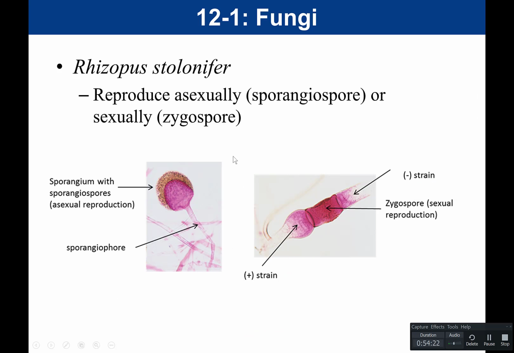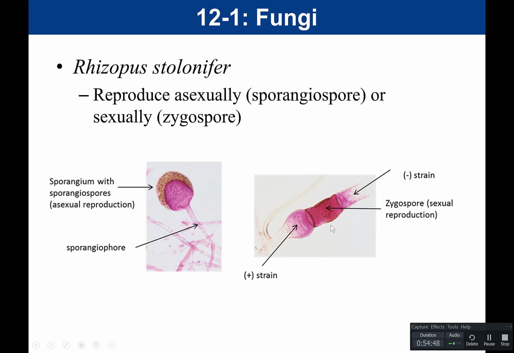So you want to know what types of spores that Rhizopus uses. The structure here is called the sporangium. And within the sporangium are a type of spores that are called sporangiospores. Those are used for asexual reproduction. And you know that because there's only one hyphae going to the structure. There's no partner.